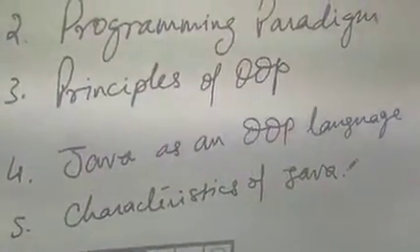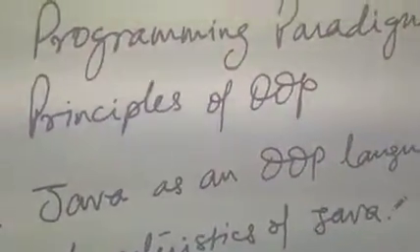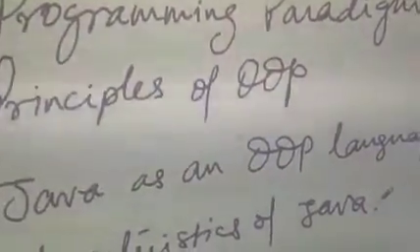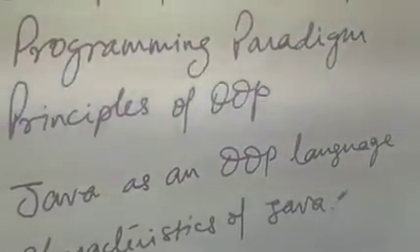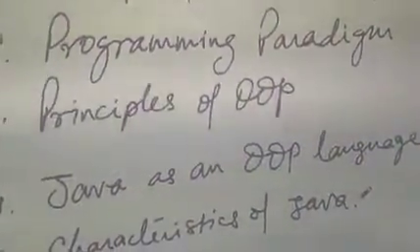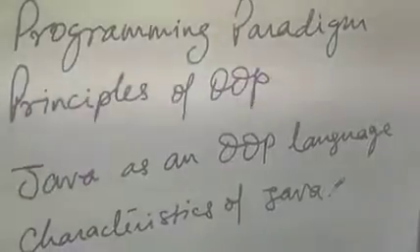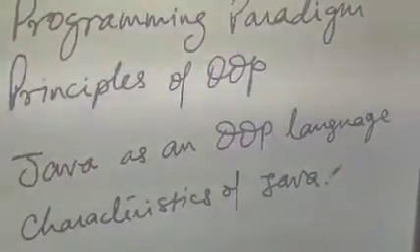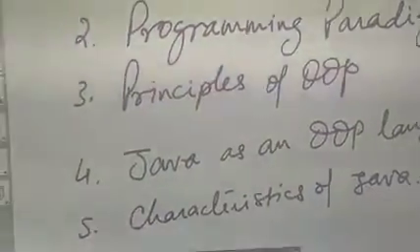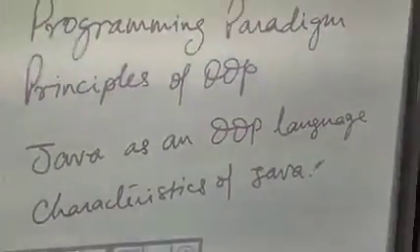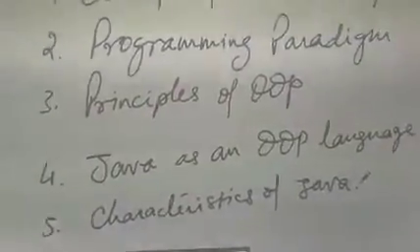Java is an object-oriented programming language. Yes, the concept of programming in Java is related to the real world concept of object. And that's why Java is known as an OOP language. Then we have the characteristics of Java.